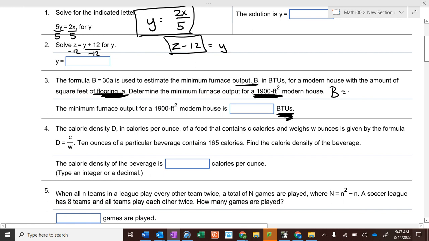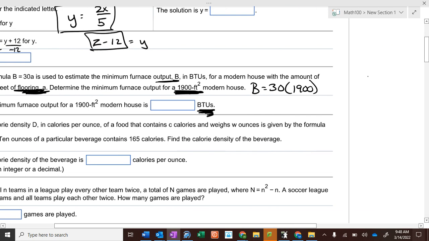So B equals 30 times 1900. Now, you don't get to use calculators in here. You don't get to use a calculator on your cell phone. You don't get to use a calculator on your computer. Okay? So you have to take the 1900 times the 30. What I would do is just offset it. 0 times everything is 0. 0 times 3 is 0. 3 times 0 is 0. 3 times 9 is 27.